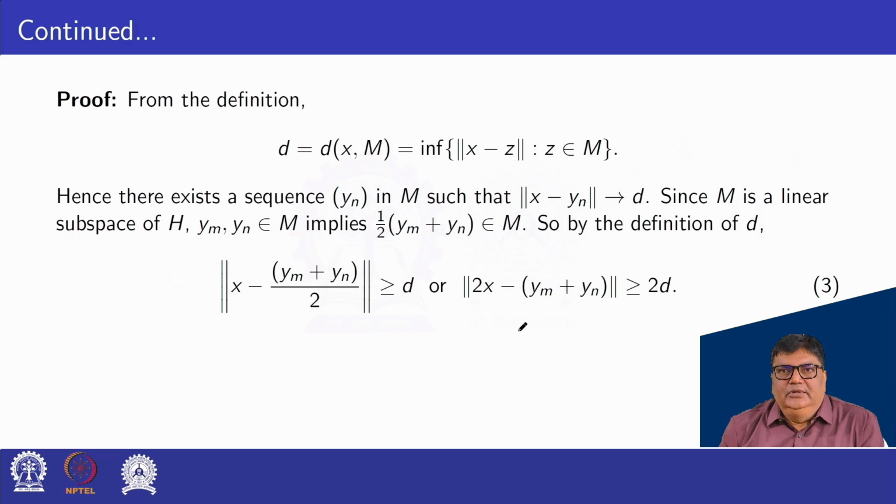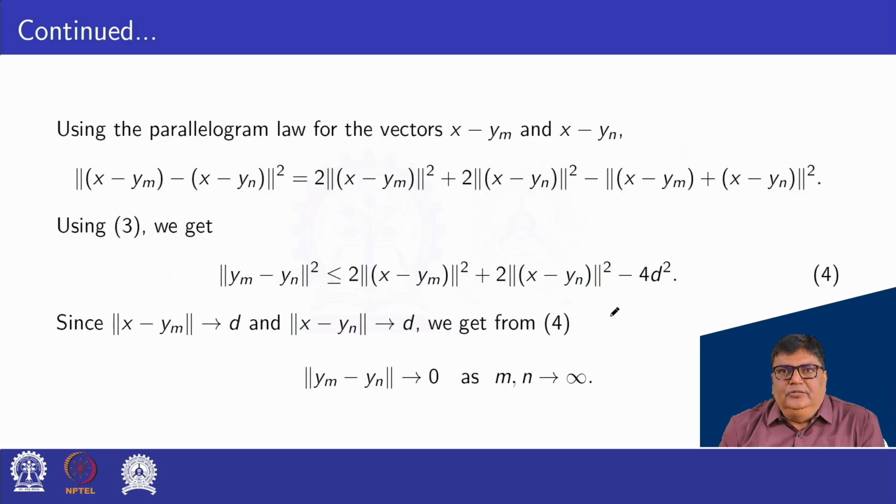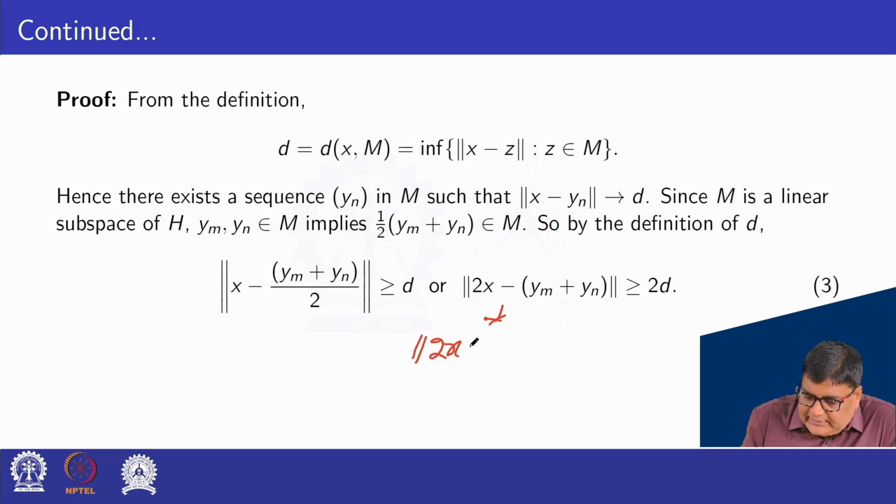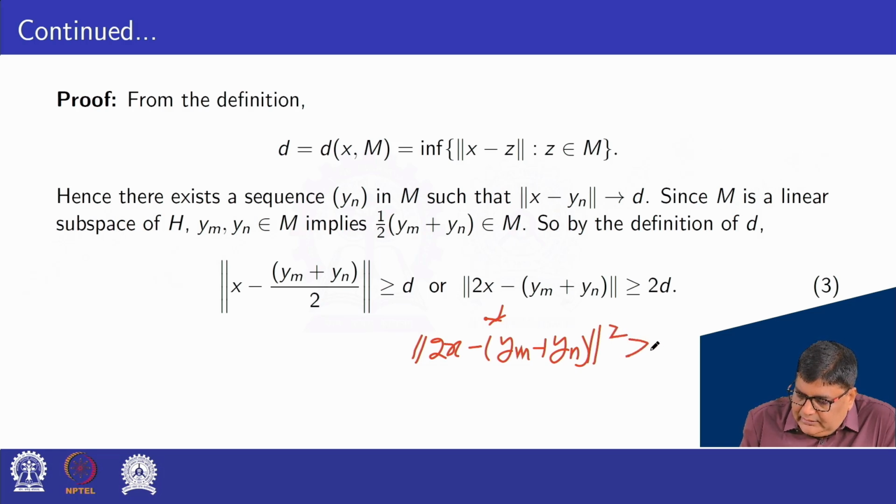So using equation 3, that is this one, squaring both sides, norm 2x−(ym+yn) squared is greater or equal to 4D squared.